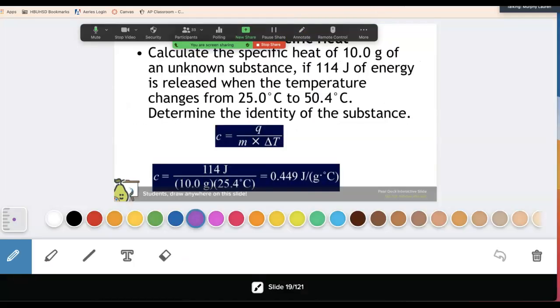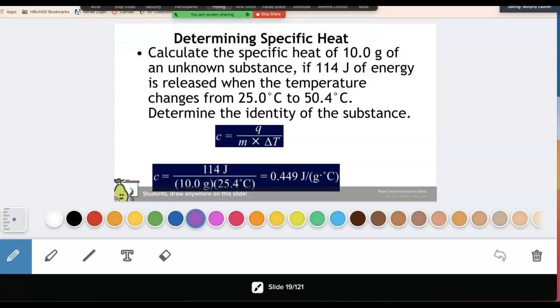I know the answers are on here, but let's start by reading and trying to figure out what they're asking for. It says calculate the specific heat, and you go, oh, here's my equation. Specific heat is this guy, so that should be who I'm solving for. I gave you 10 grams. Who does this belong to? Mass.